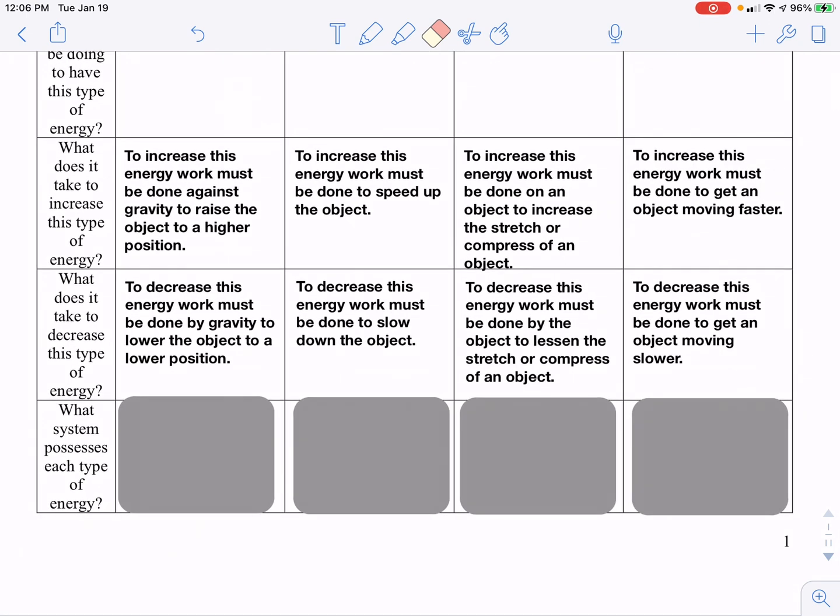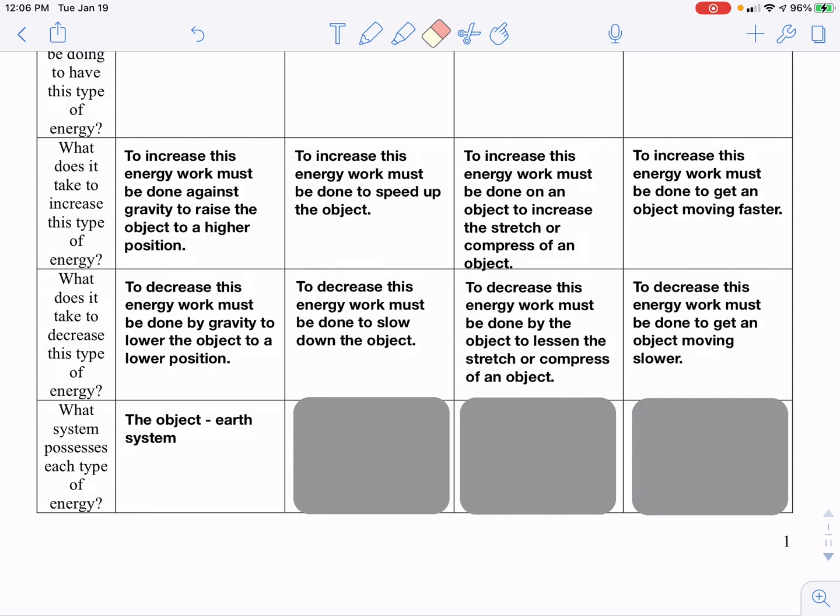What system possesses each type of energy? Well, this is important because this is how you relate to each type of energy. Gravitational potential energy is always related to the object and the earth. And that is because gravity is a force that is made up of two objects that are attracting each other. One object is the earth, the other object is whatever the object is.